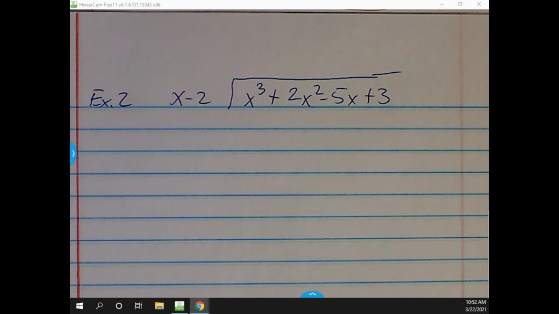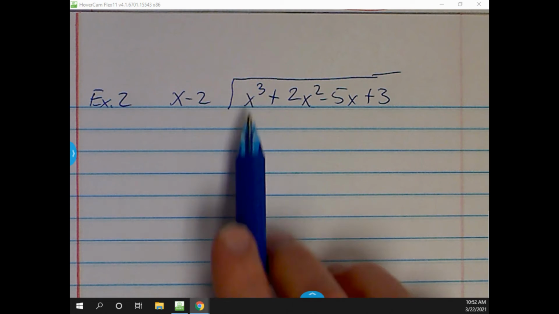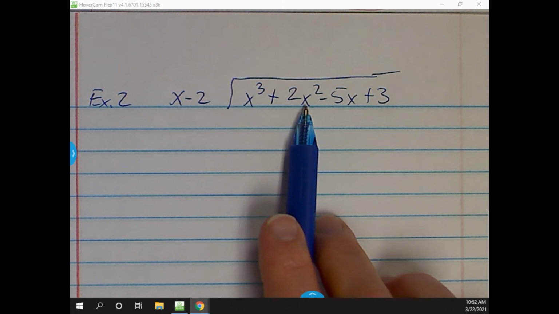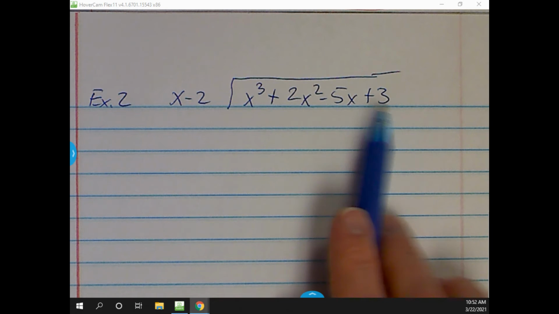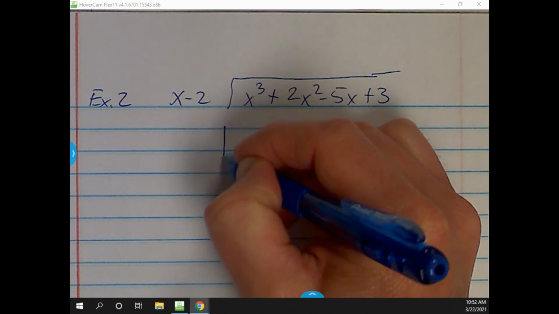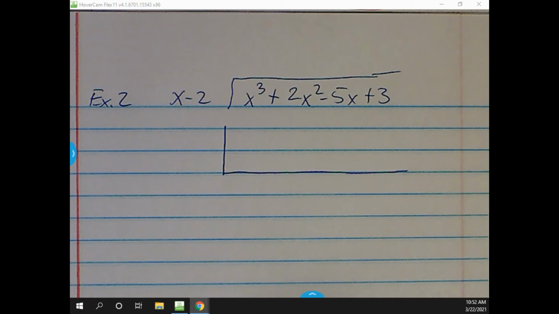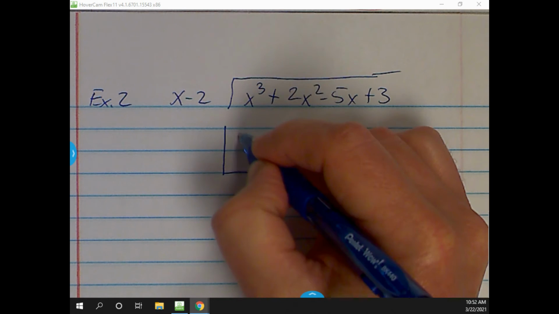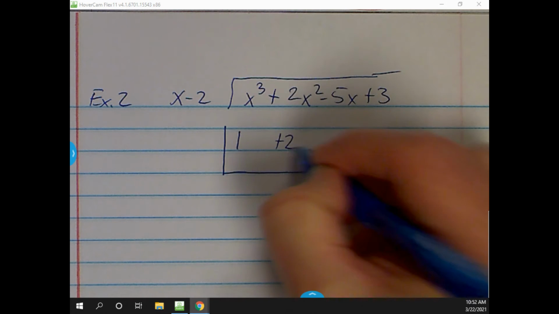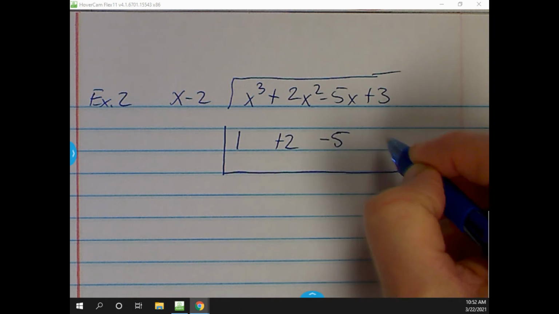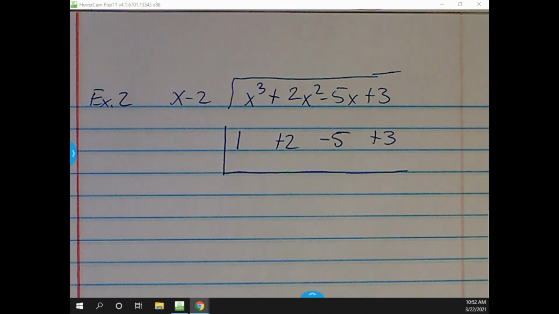But again, steps will be exactly the same thing. So go back through and check it. We've got x to the third, x to the second, x to the first, and no x's, so that part of it's good. All right, and again, coefficient-wise, this would be a 1. That's a positive 2. That's a negative 5, and that's a positive 3.